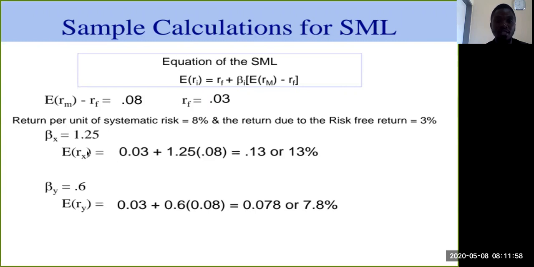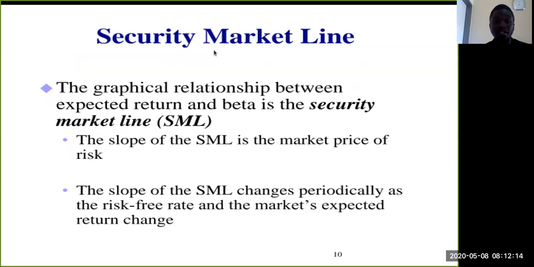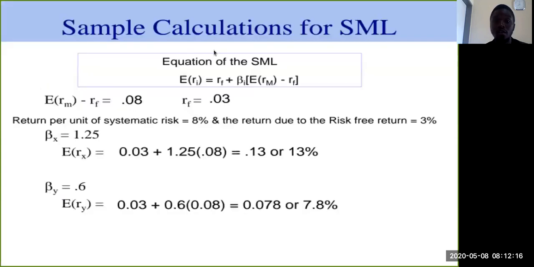So the expected return of that asset, using the capital asset pricing model calculation, or the security market line calculation, is 13%. Then if your beta is 0.6, the only thing you have to do is, where you had put 1.25 for beta, you just put 0.6.